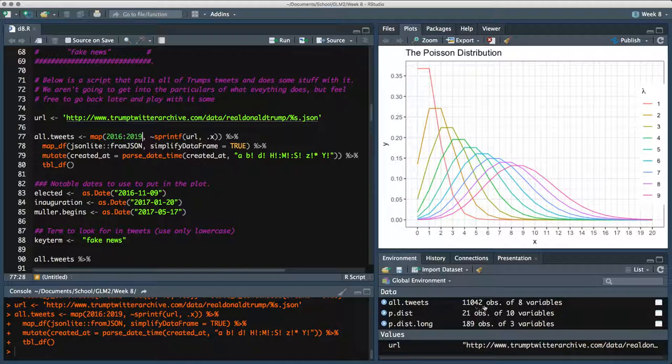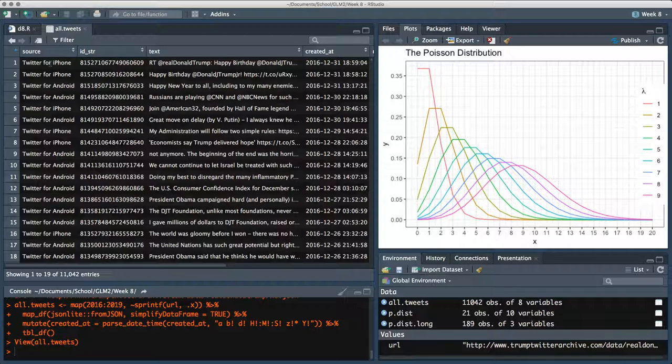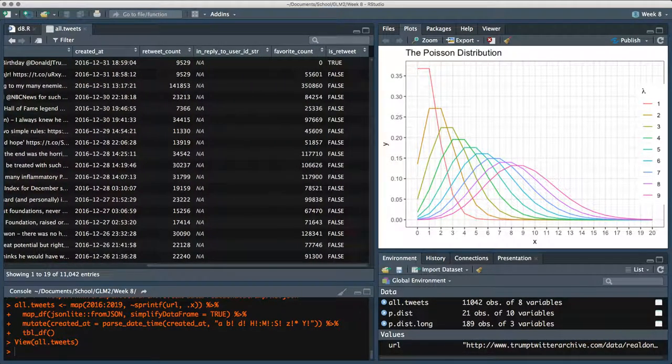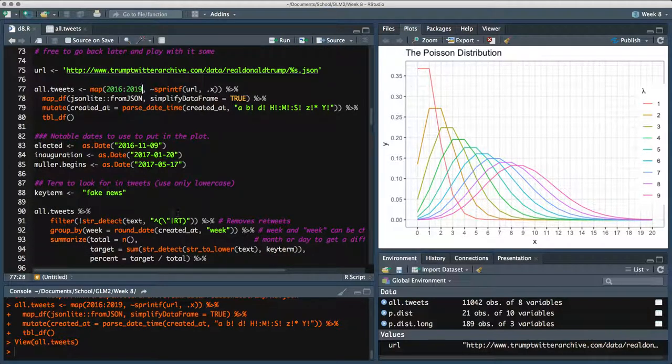So we have 11,042 tweets, where it has the source, the text itself, the date and time it was created, how many retweets it had, how many favorites, and then over here you can see where it says is retweet. Later on down here I filter out retweets and stuff like that.